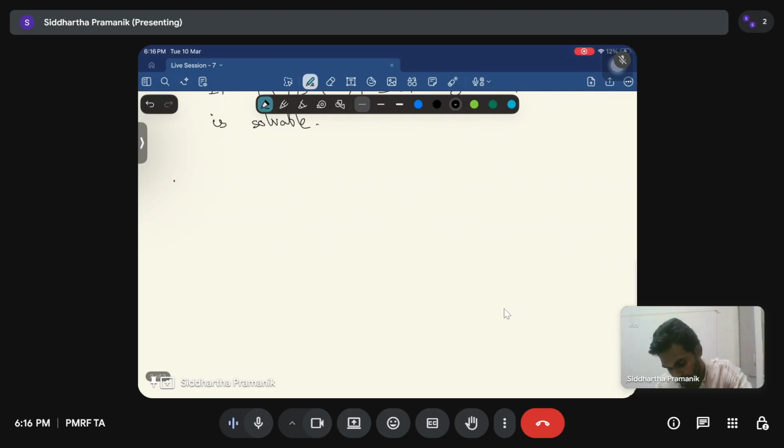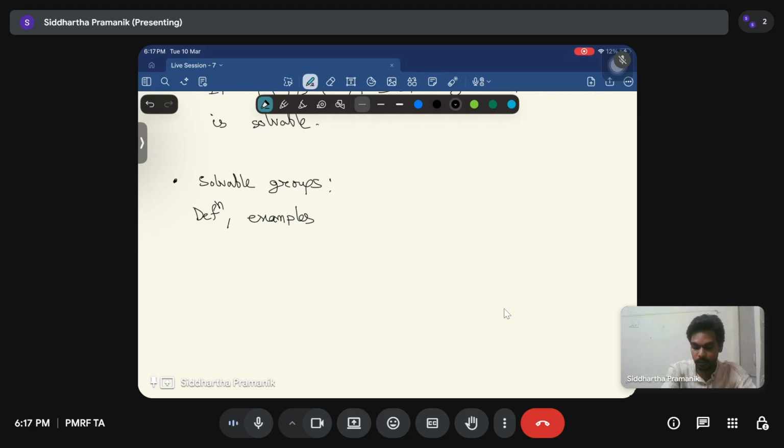This is a topic which we have started doing: solvable groups. In this we have seen the definition of solvable groups, basically the existence of such a tower, and then we have seen several examples.